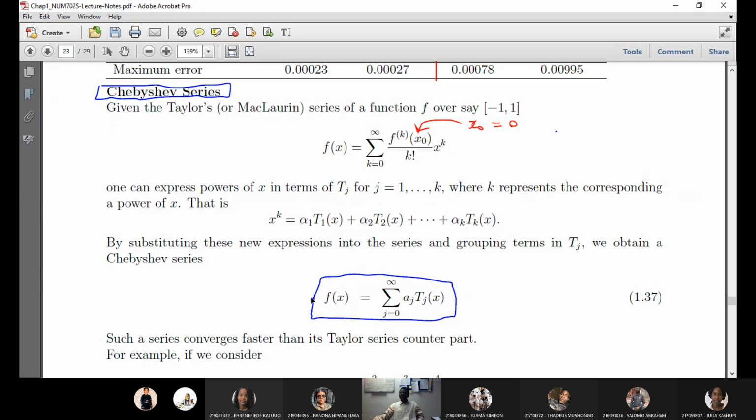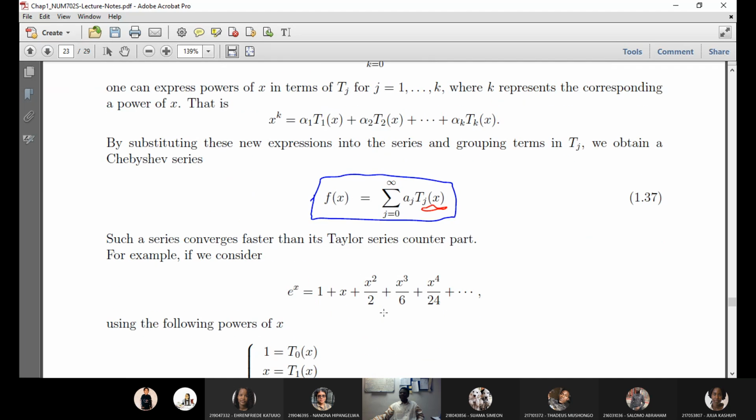And you can see now that the basis will be a Chebyshev polynomial instead of a power function. So this is what we'll call a Chebyshev series. So let us look at a few examples.